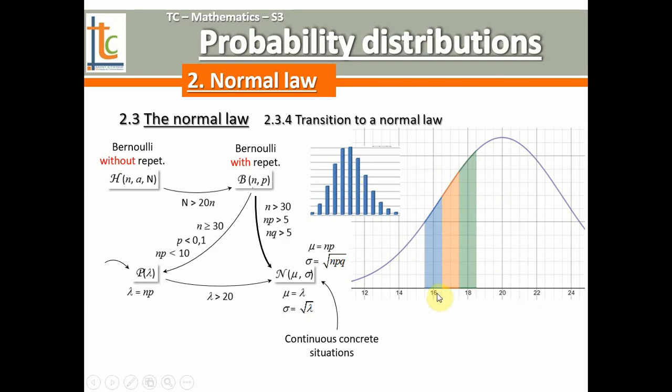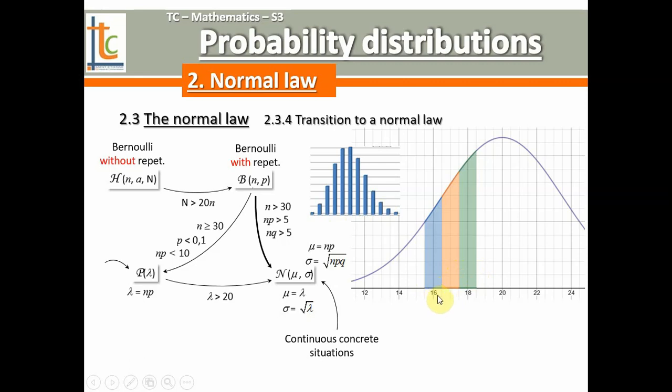Well, each integer has to be transformed into an interval around that integer on this graph. And of course, if you want each integer to have the same weight compared to each other, you have to create intervals that have the same size, going from the semi-integer on the left to the semi-integer on the right.